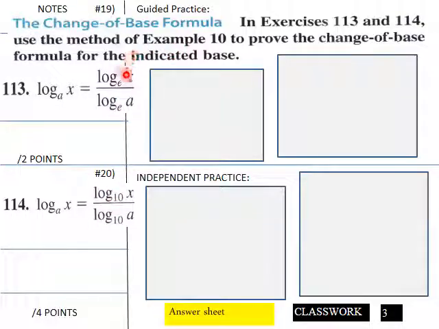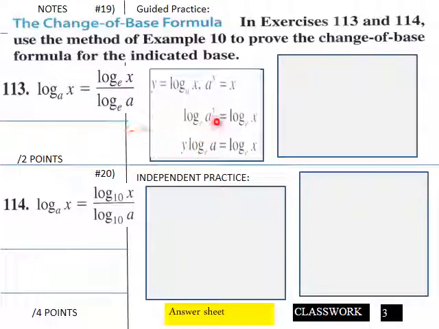So let's try another one here. Prove the change of base formula for the indicated base. This one: log base a of x equals log base e of x over log base e of a. So y equals log base a of x, and then a to the y equals x. Log base e of a to the y equals log base e of x.